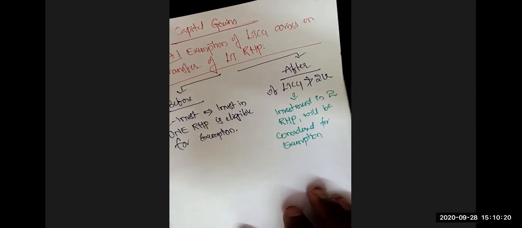Either you can purchase 2 residential house properties, or you can construct 2 residential house properties.